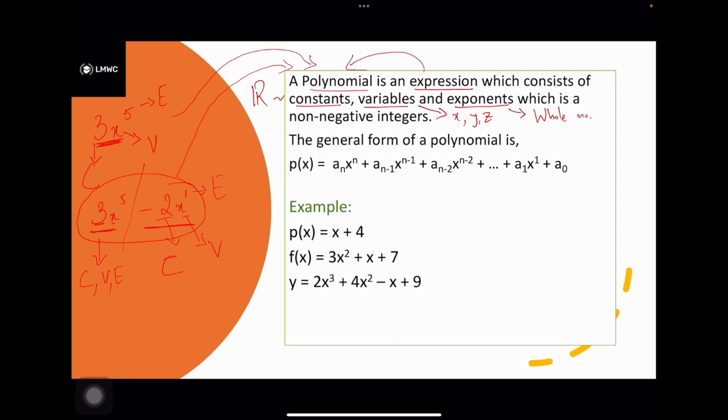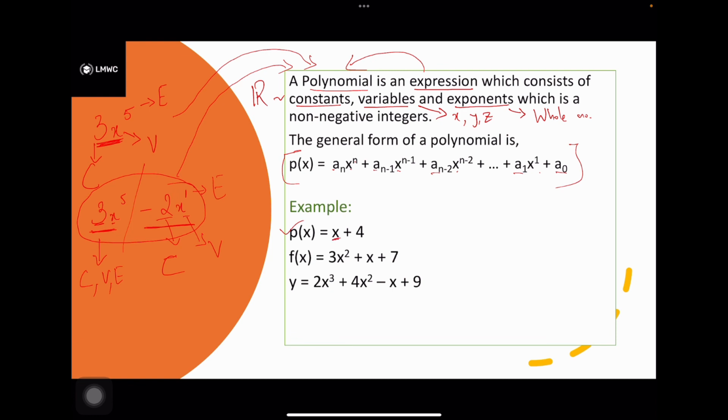All right, the general form of the polynomial can be represented in this way. If you look at here, all this a is your constant, and all this x is your variable, and all the powers are written up here. And if you look at a few other examples, the first one, p of x equals x plus 4. So this expression contains two terms.